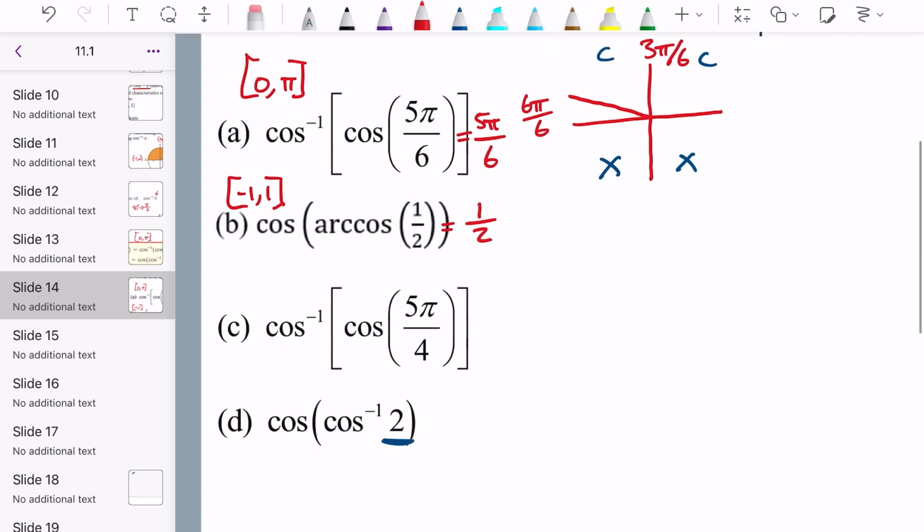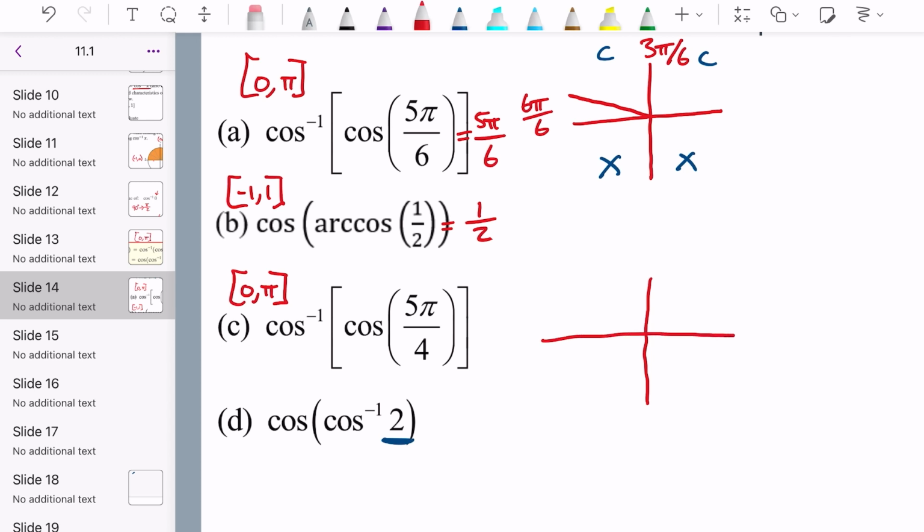For letter C, once again, we go ahead, take a look at the outside trig function. Our range for that would be from 0 to pi. Once we have done that, we are going to go ahead and graph this out so that we have a better understanding of the positioning of it. This would be our pi, and this would be our 0.